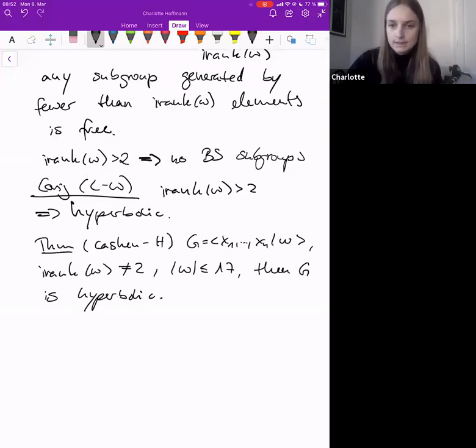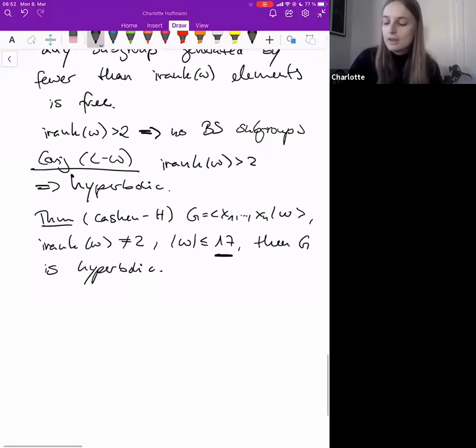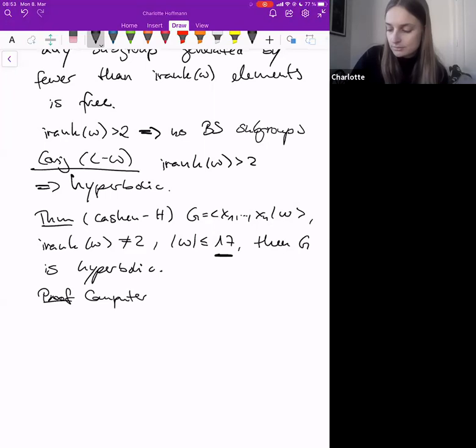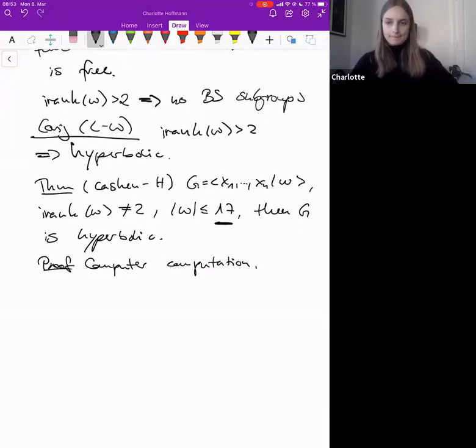Okay, and then you might ask yourself, why this 17? Where does this number come from? Well, this is because we proved this by computer computation. And so 17 was our limit, but we were trying to show that there are no small counterexamples to the conjecture, to maybe strengthen it.